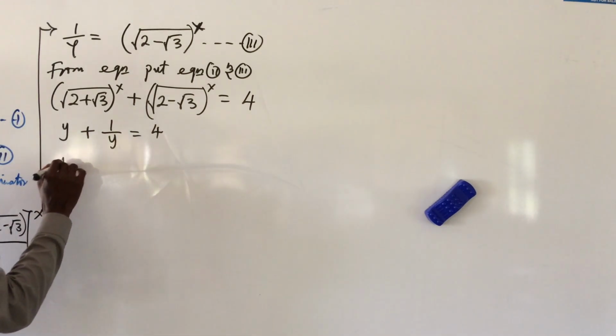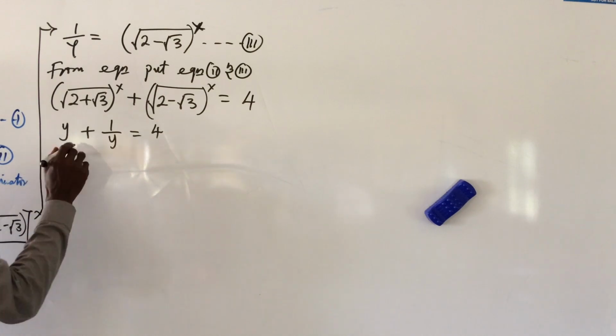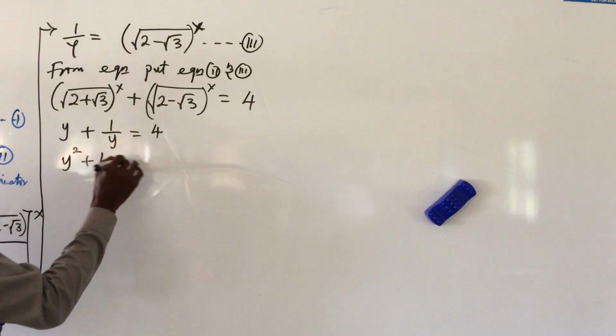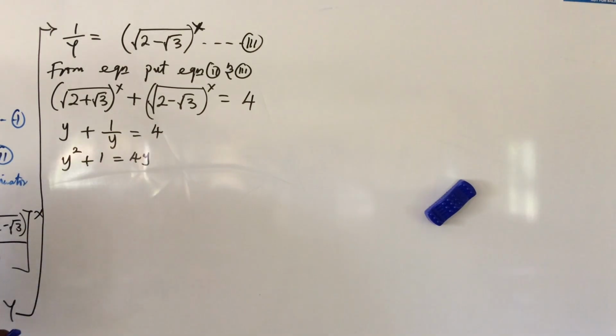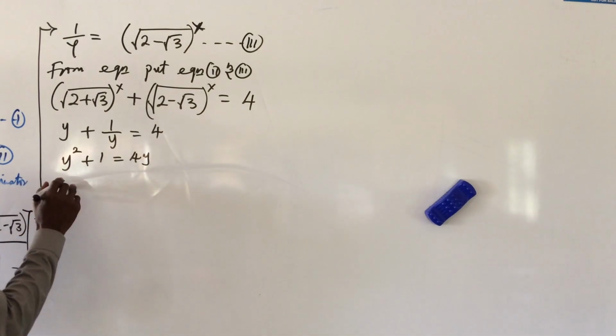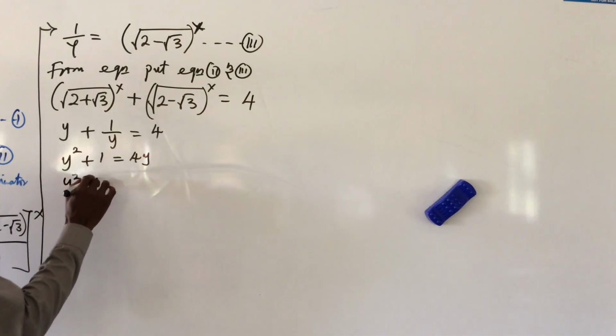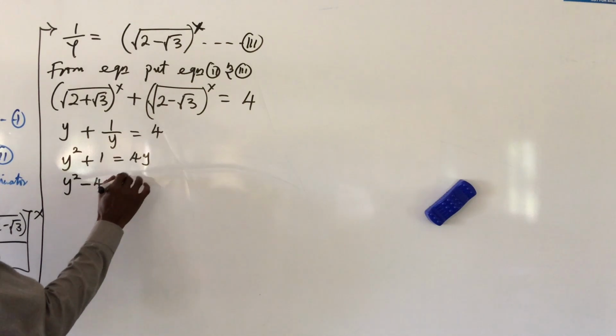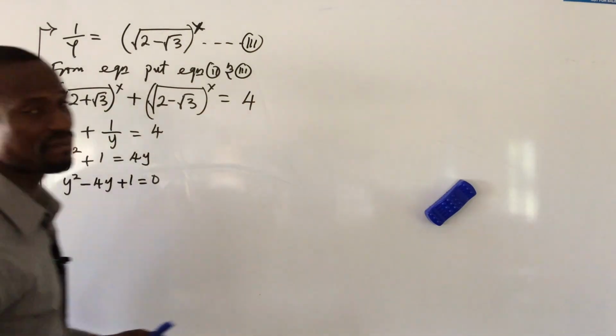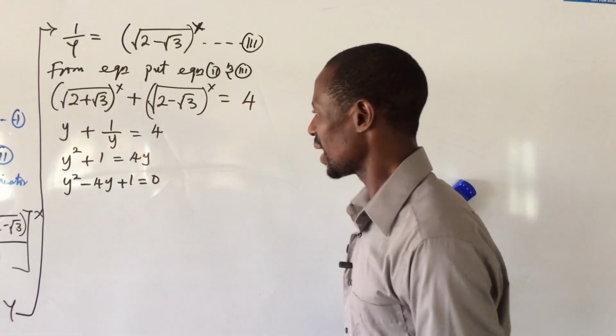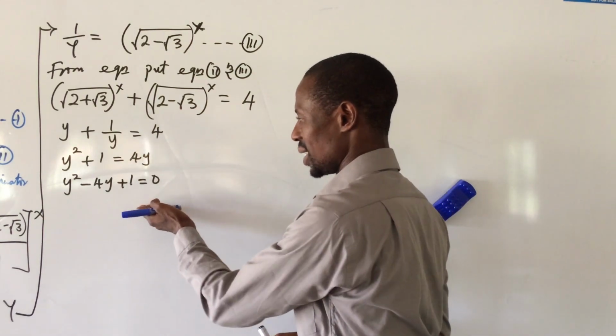So if we clear our brackets, clear out the denominator, we're going to have y squared plus 1 equal to 4y. All right, now we collect our like terms. We have here y squared minus 4y plus 1 equal to 0. Very simple.